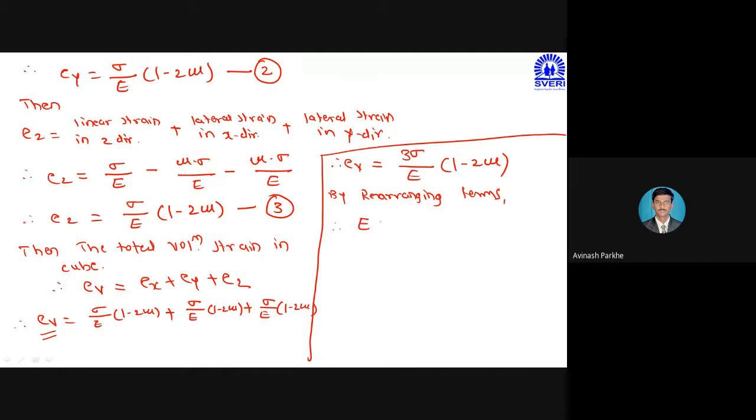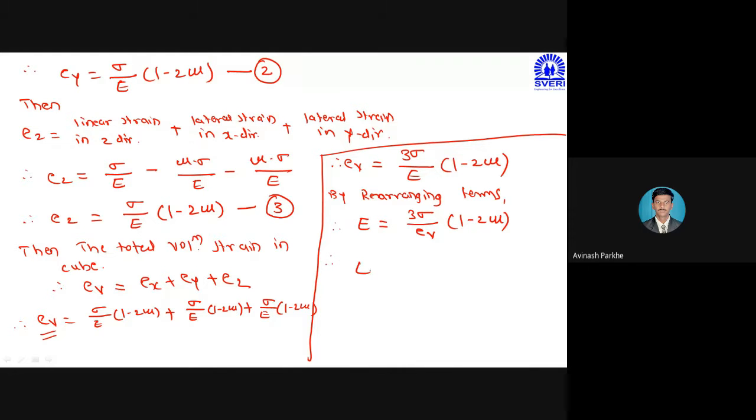Capital E I have taken to the left side. On this side it was divided, so on the other side it becomes multiplied: divided by 3 sigma upon EV in bracket 1 minus 2 mu. On this side EV is multiplied; if I take it to the right side, it becomes divide.